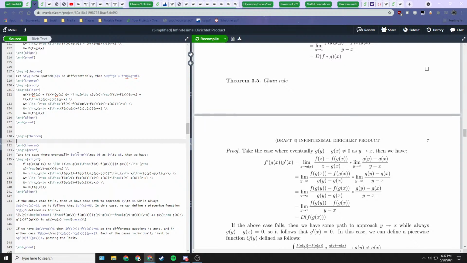So if f and g, mapping some domain S to A, are differentiable, then the derivative of f of g of x is g prime of x times f prime of g of x.